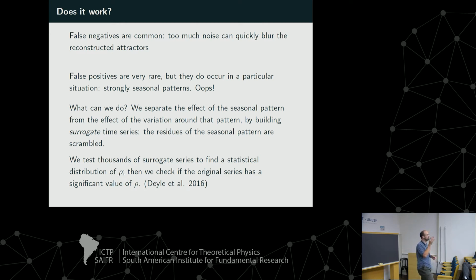Then I look at my original data and check whether it gets a skill higher than, say at a 5% significance level, 95% of the surrogates. So this looks more like a statistical test, right? Okay.